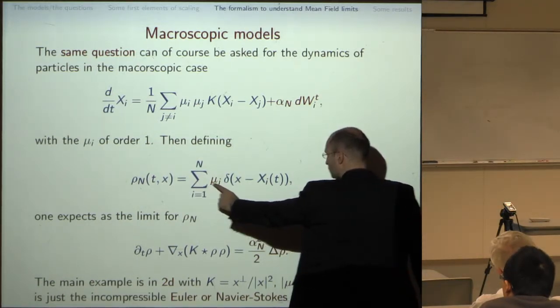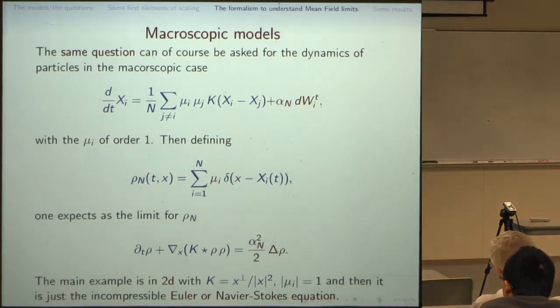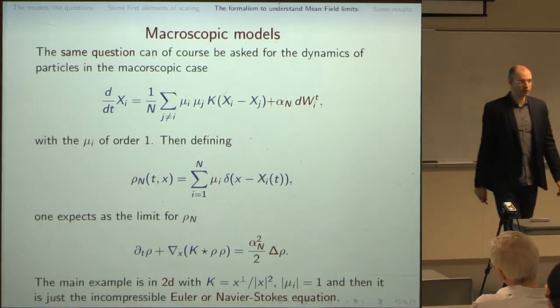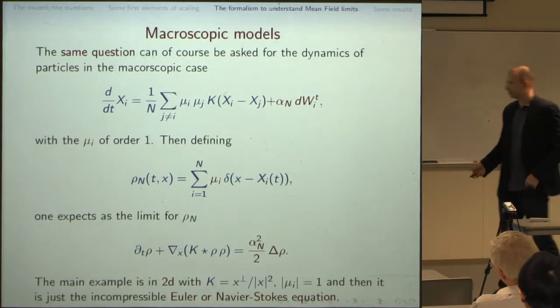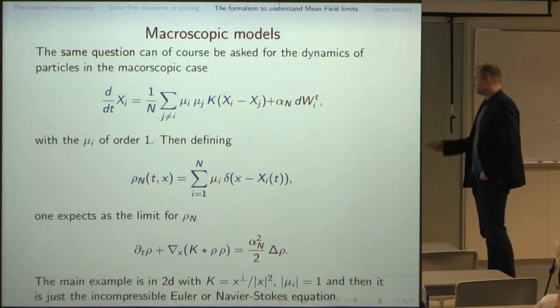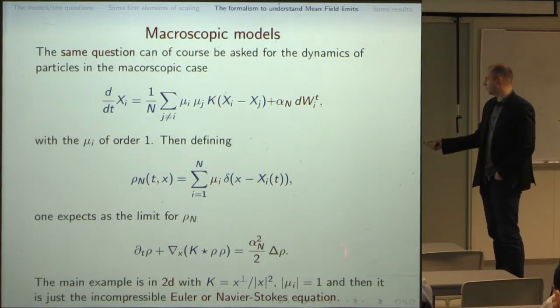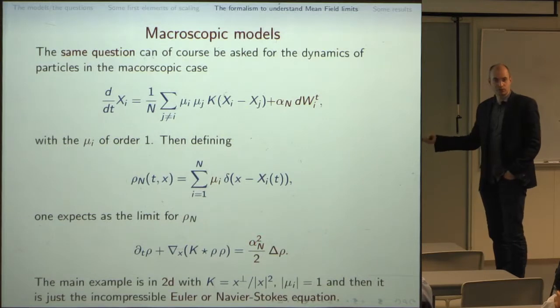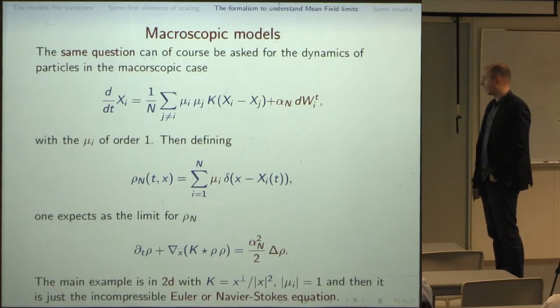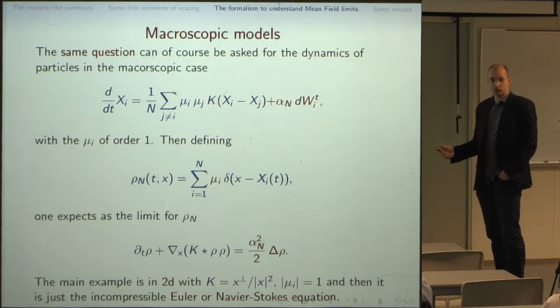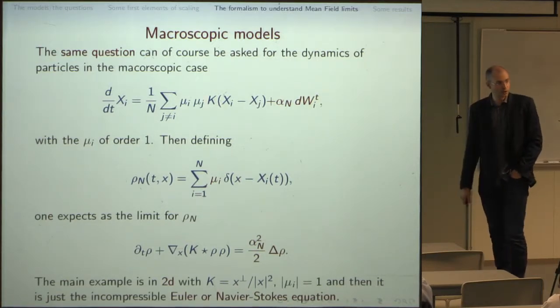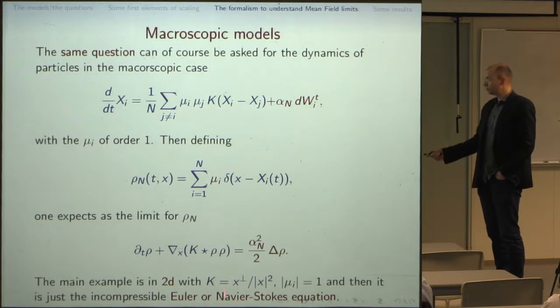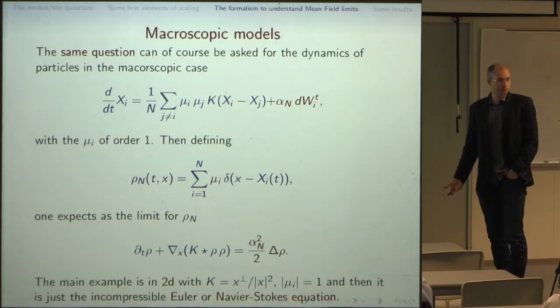I'm actually introducing the mu_i in the empirical measure. So the empirical measure is not necessarily a positive measure. You do the same calculation as before, and this is the candidate for a limit that you have, with the limit of this guy being 0 or whatever it is. And now if I put this in the 2D situation with K the Coulomb interaction, this is 2D Euler or 2D Navier-Stokes.